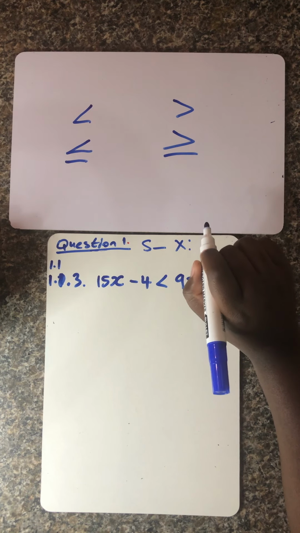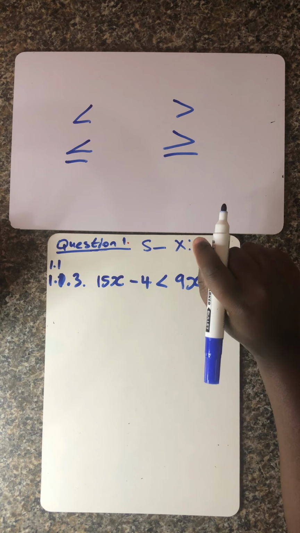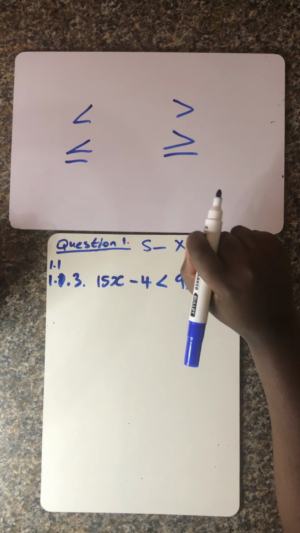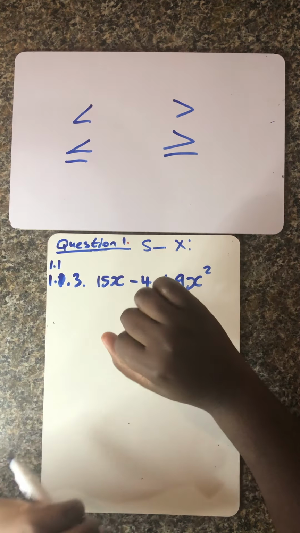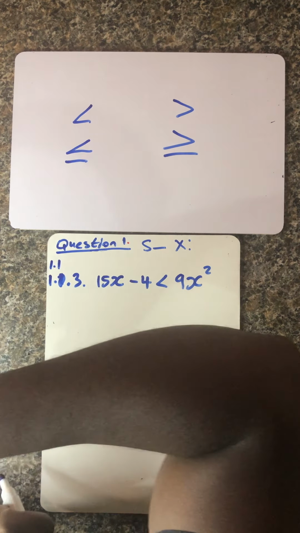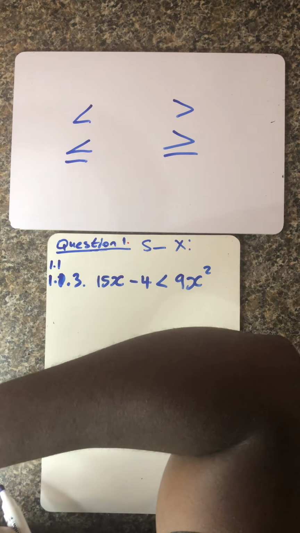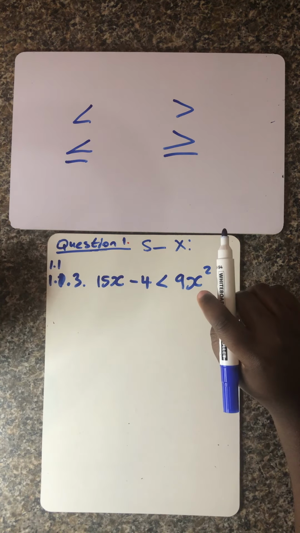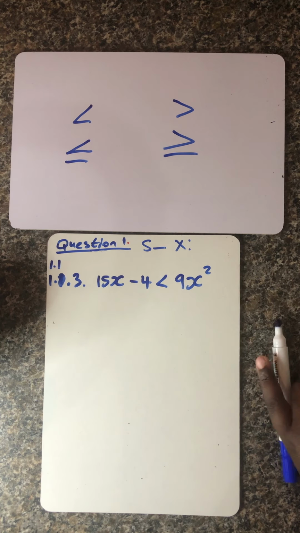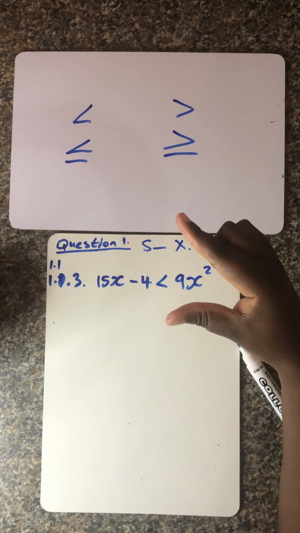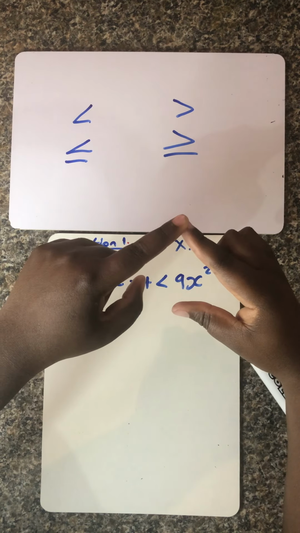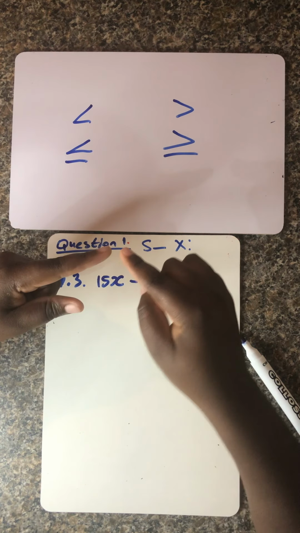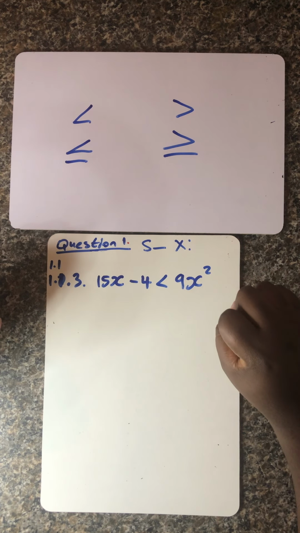How did I, in my case, find a way to never forget which one is less than and which one is greater than? Ladies and gentlemen, I'm using my right hand to write, so I'm right-handed. Try to do this with your right hand and also with your left hand. This is your elbow and this is your fist, and with your left hand you've got your elbow there and the palm of your hand there.